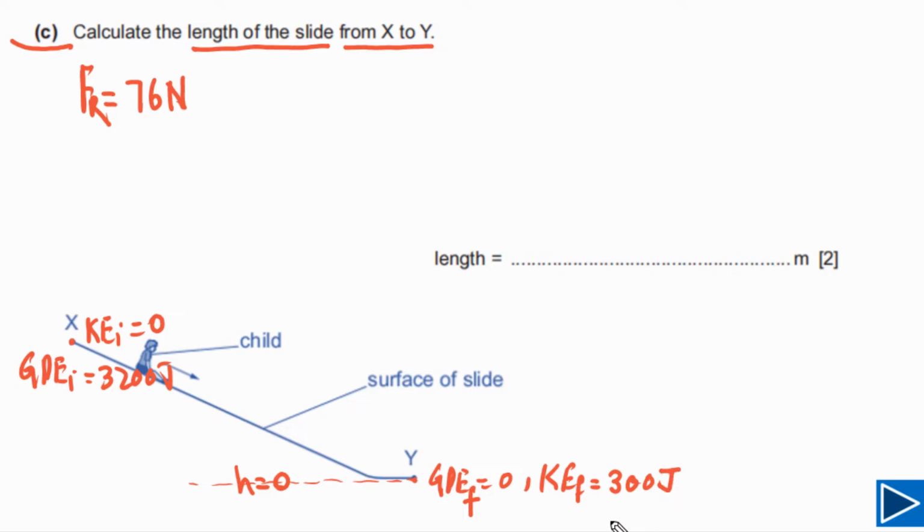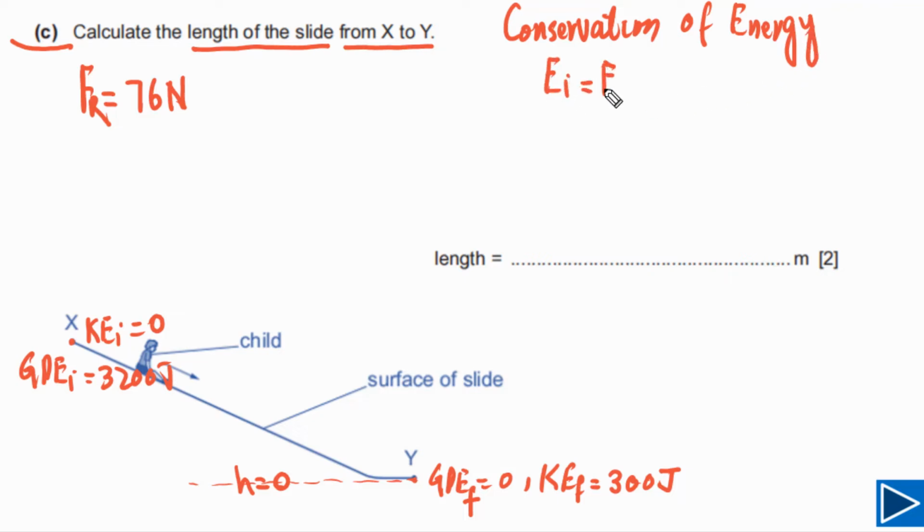Now we need to use conservation of energy to calculate work done by friction. In this case, we cannot use conservation of mechanical energy because there are resistive forces. So we have to use conservation of energy, meaning we have to consider work done by resistive forces.